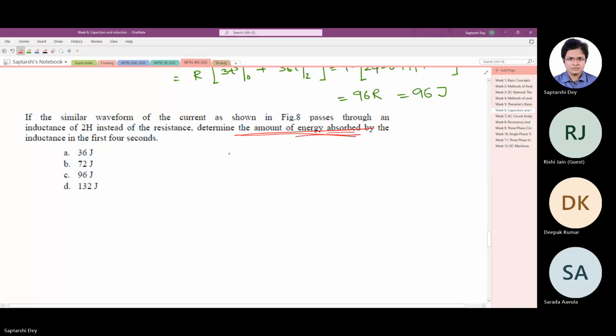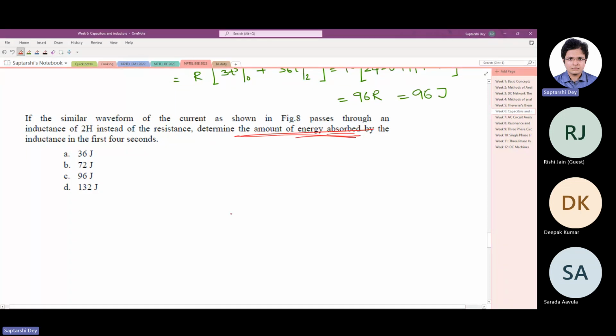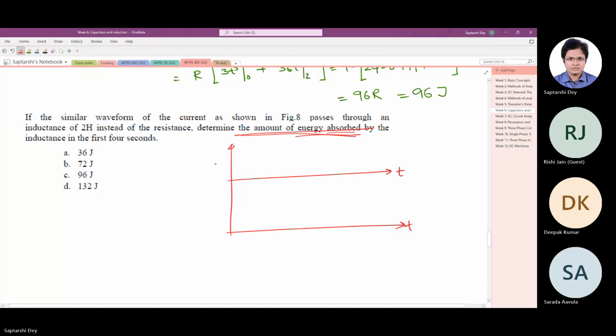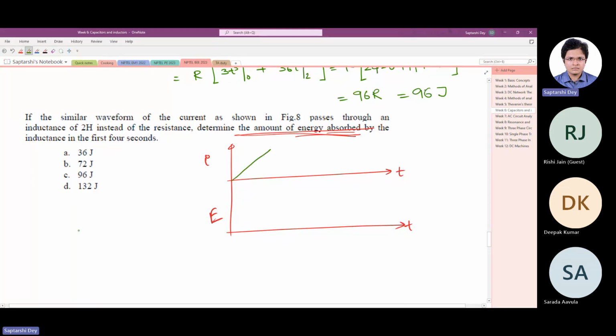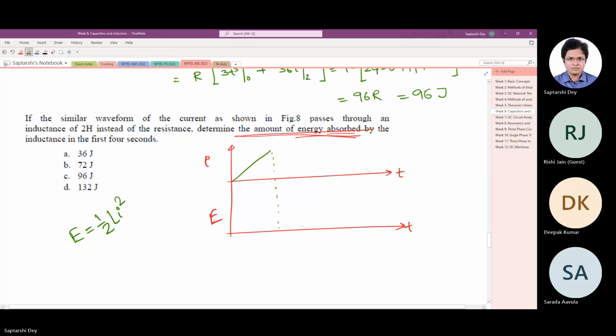Ideal inductor. Now if I draw the current, say the current was like this. The energy stored in an inductor is half L i squared. So if the current is linear, the energy has to be parabolic.